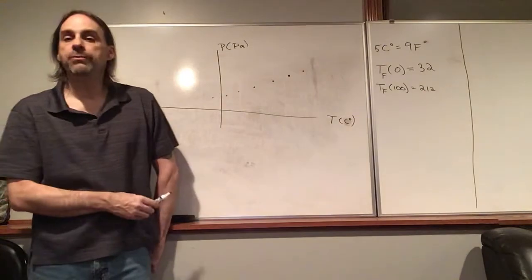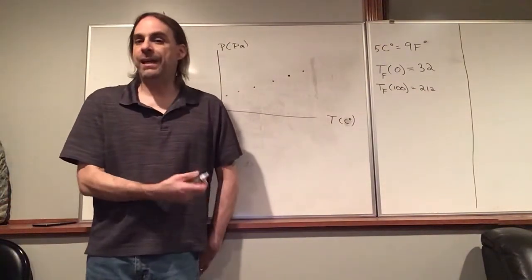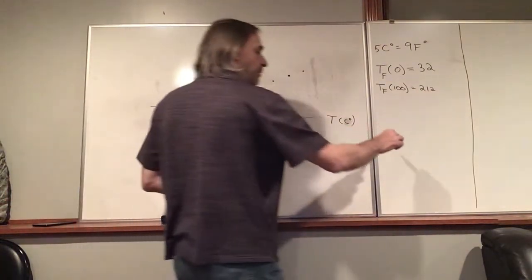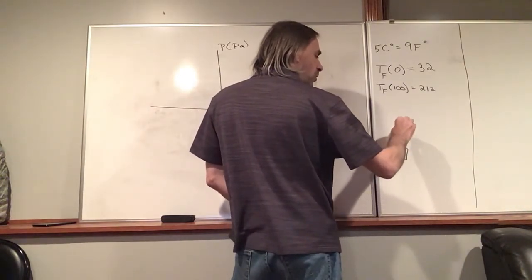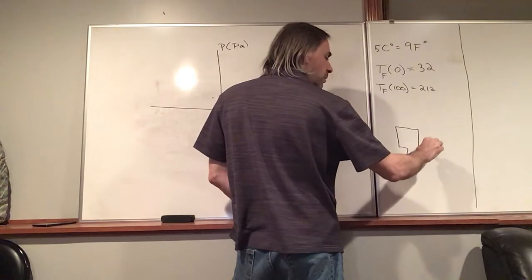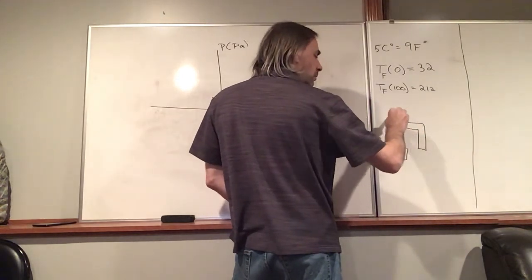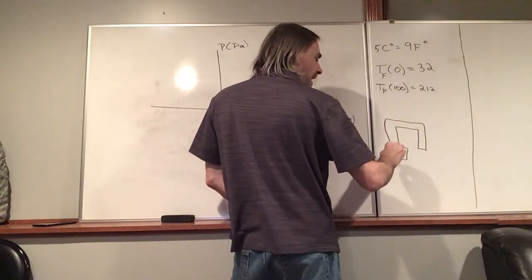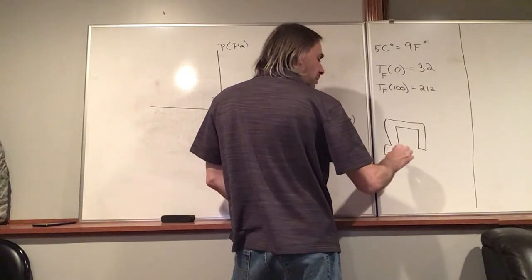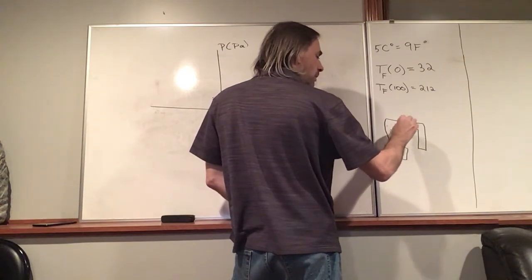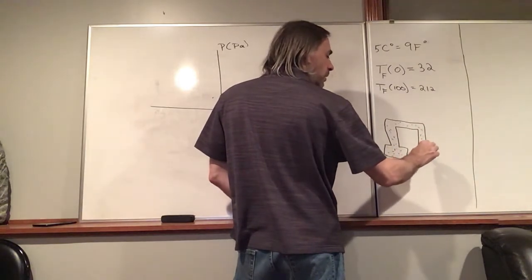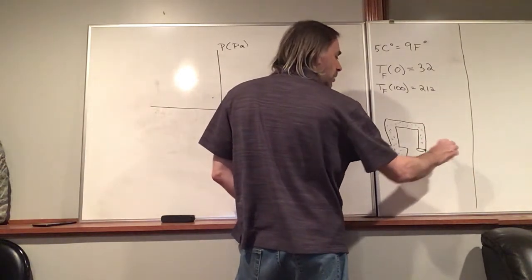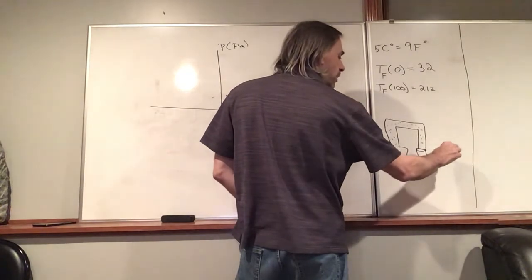I erased the picture, but our thermometer involved a gas. So maybe we can draw this here again, a smaller version. There's a gas in this container, and that's hooked up by a hose to another container.